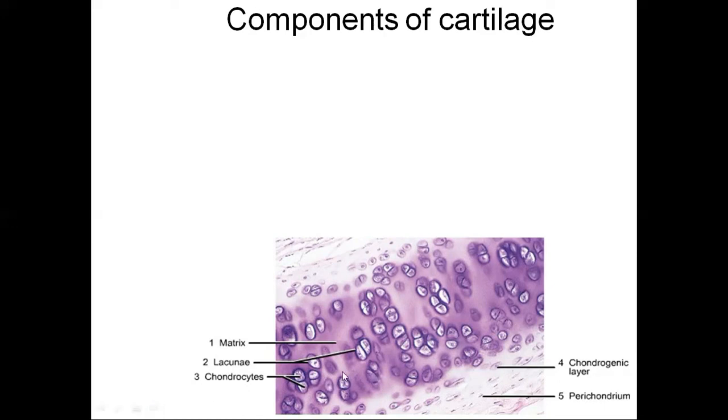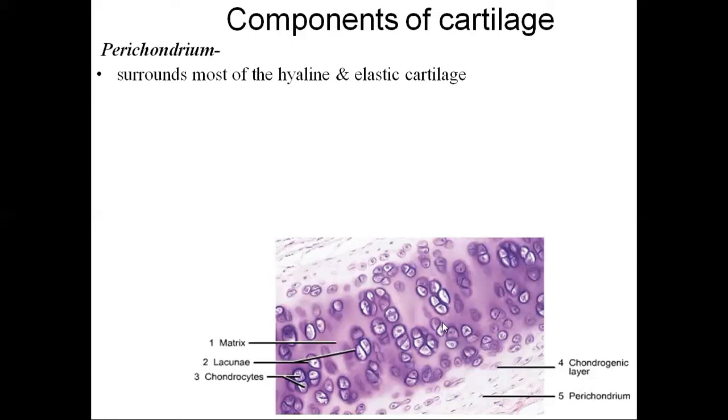So in this, the cells can be seen. It's mentioned as chondrocytes. They can be seen in groups here, which have a space surrounding them, and that space is called lacunae, and the matrix also can be seen. On the outer aspect, perichondrium can be seen, which is the covering of cartilage. Perichondrium is covering hyaline and elastic cartilage. So it is present only in hyaline and elastic cartilage.